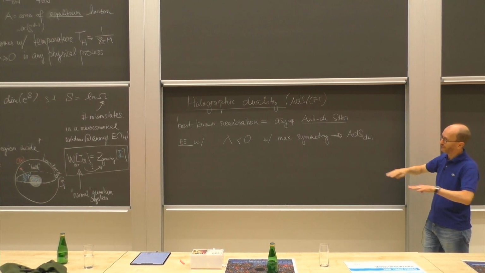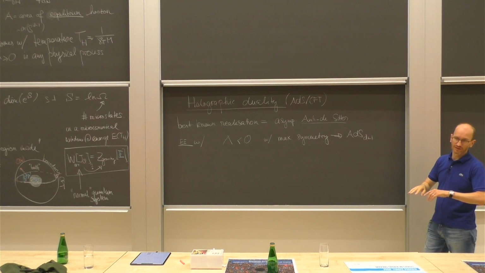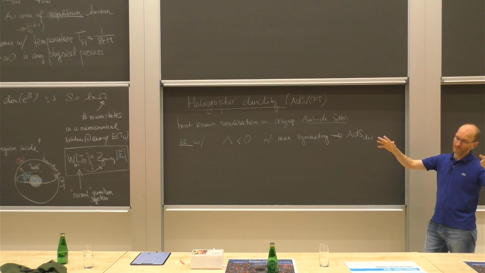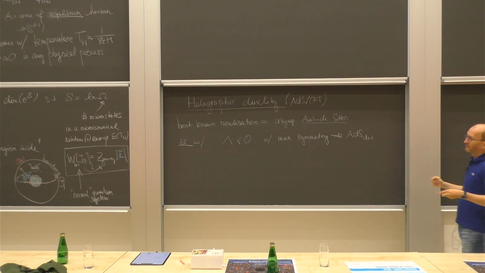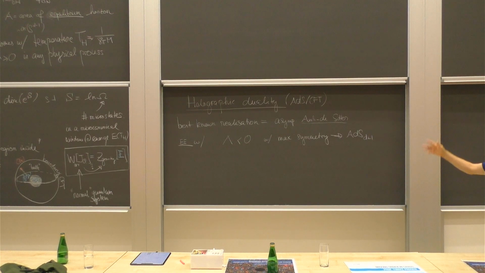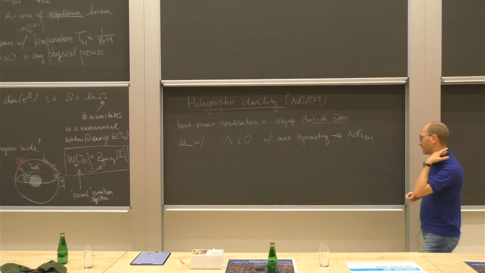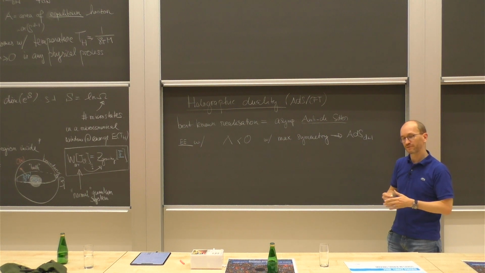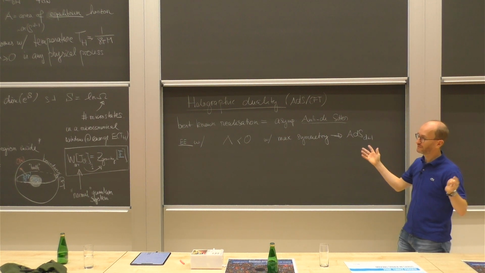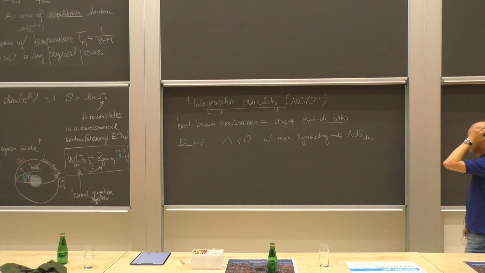And of course, I can add on top of it perturbations, which would be something like gravitational waves or other excitations. But I can also look at large deviations from the vacuum, and I would, for example, think of a black hole as being a large deviation from this. It would be a black hole in ADS.